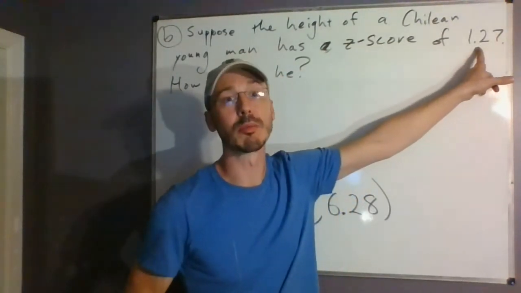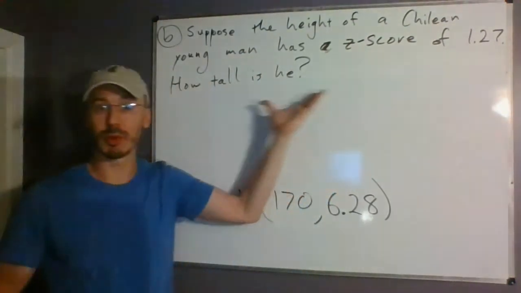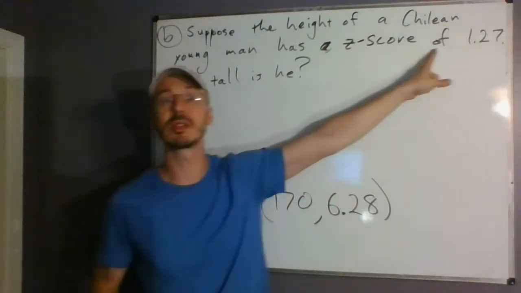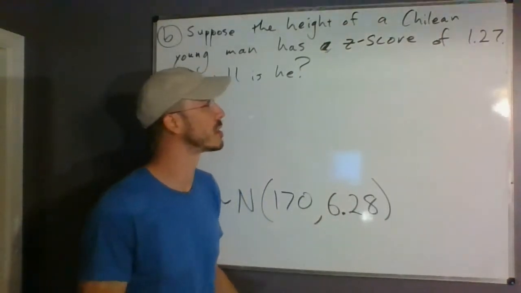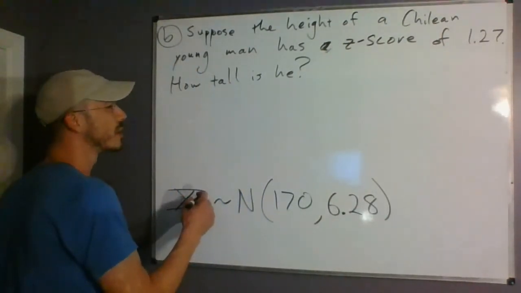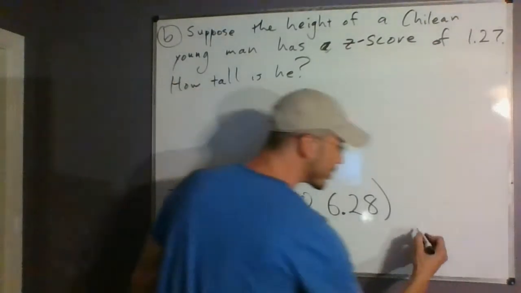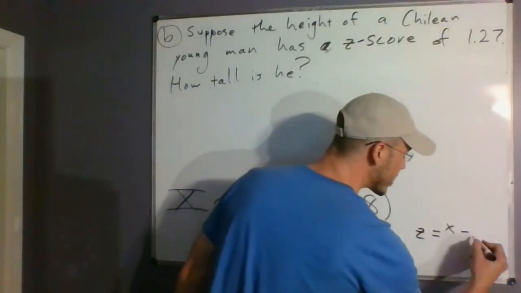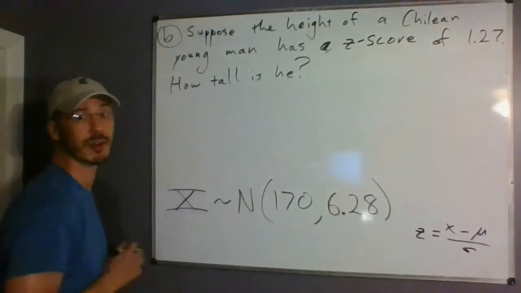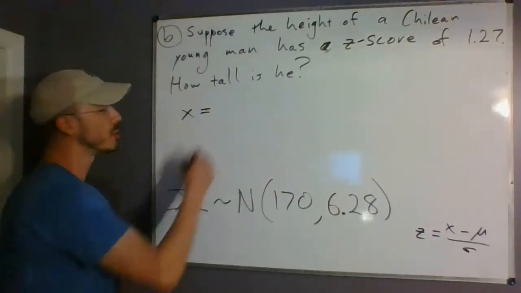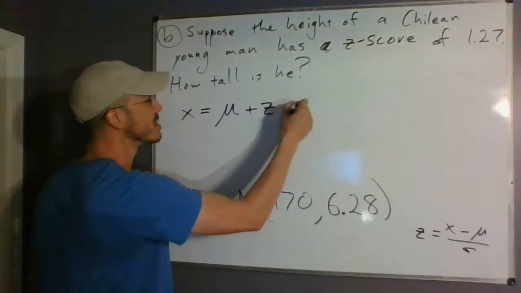But we can rebuild his actual original height measurement from his z-score using the population mean and the population standard deviation. It's not the formula we've been doing, z equals x minus mu over sigma. If you rearrange this and solve it for x, x equals mu plus z sigma.